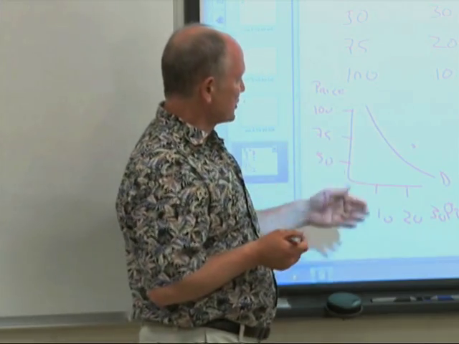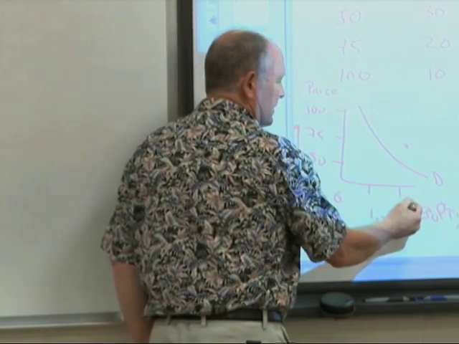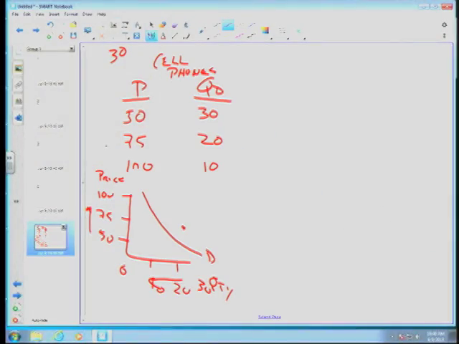So what this shows is as price increases, the quantity demanded decreases. If we are at a price of $50, we'll take, what did we say, 100? No, 30. But if the price rises to $75, then the quantity demanded now falls to 20. We move from this point on the curve up the curve.